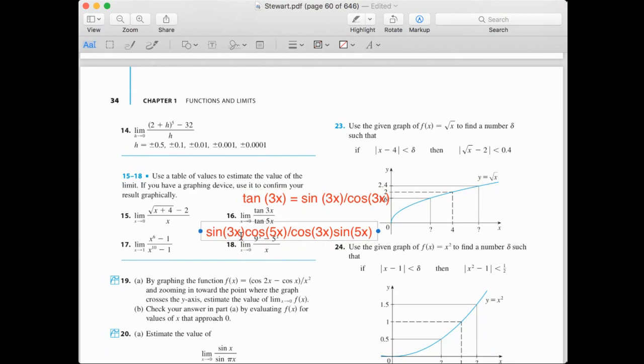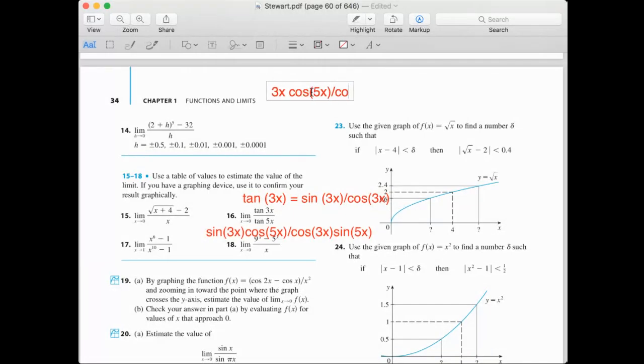Now we have sine 3x in the numerator, so we need 3x in the denominator. So we multiply 3x over 3x, right? Then we're left with 3x in the numerator. The sine 3x over 3x becomes 1. Then cosine 5x in the numerator.